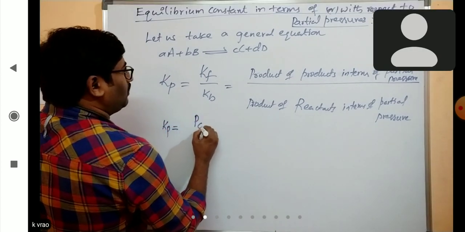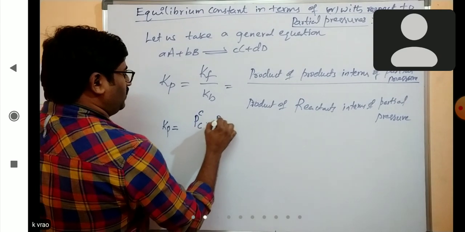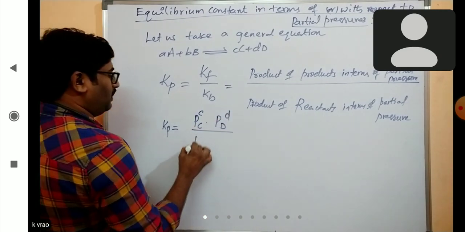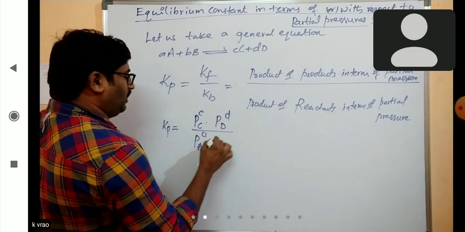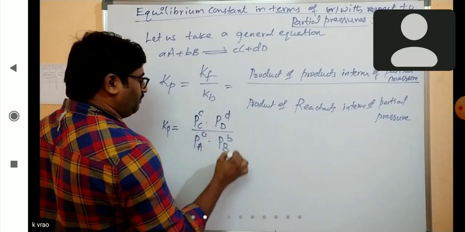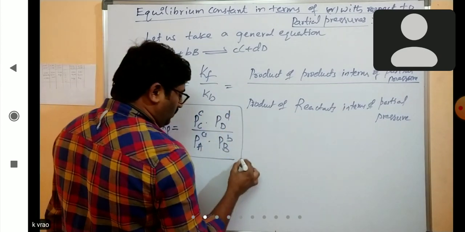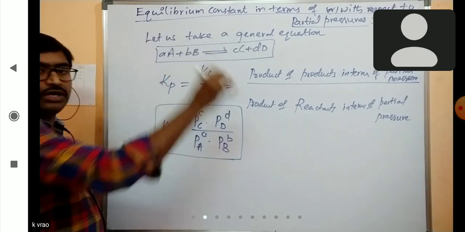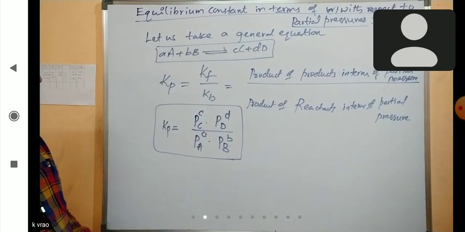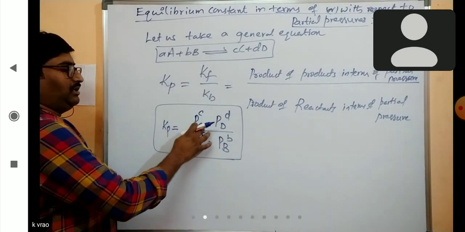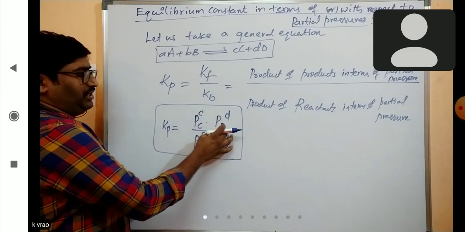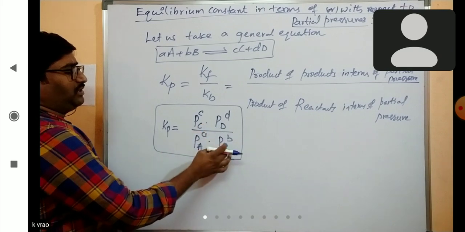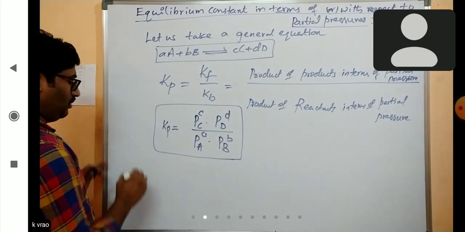So Kp is equal to partial pressure of C power c into partial pressure of D power d by partial pressure of A power a into partial pressure of B power b. This is the Kp expression for this general equation.